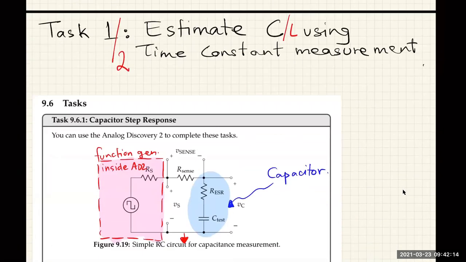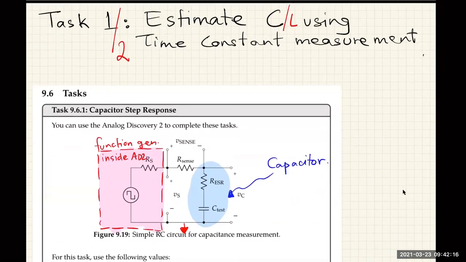Okay, so task 1 and task 2, what you're doing is you are estimating the capacitance and or inductance using time constant measurements. Okay, so in lab 7, I believe you did an experiment to estimate the capacitance and inductance based on the AC response, AC behavior of a capacitor resistor circuit, right?